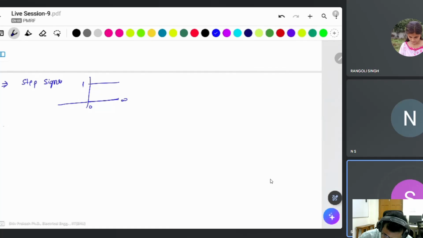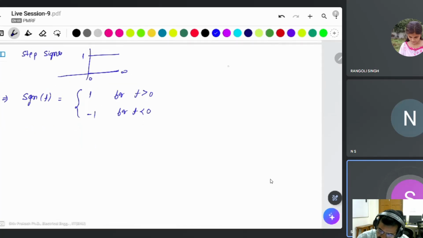But signum t is represented as 1 for t greater than 0, and minus 1 for t less than 0.